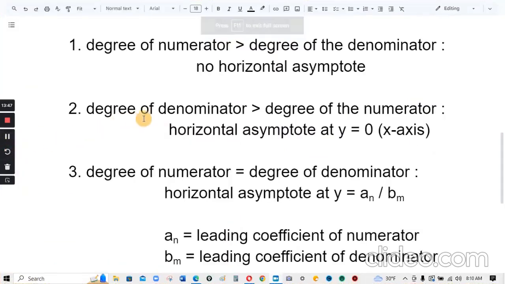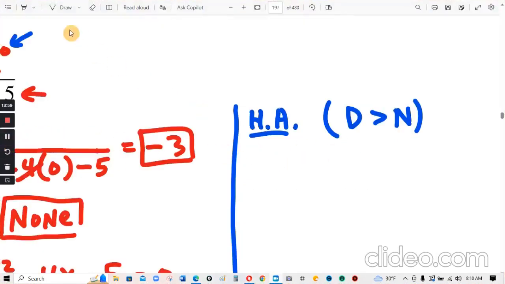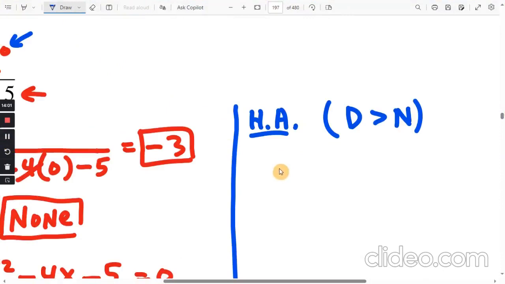When the degree of the denominator is greater than the degree of the numerator, the horizontal asymptote is at y equals 0, basically the x-axis. So in this case here, y equals 0 is the horizontal asymptote.